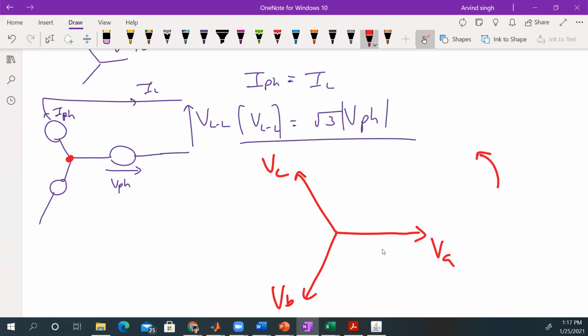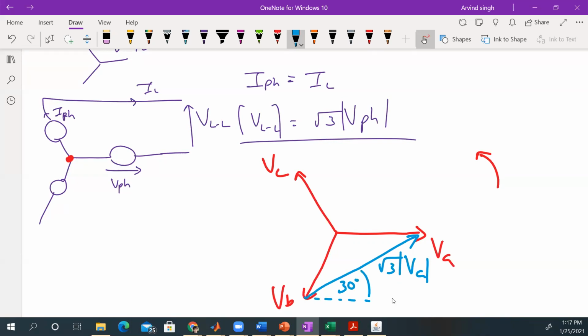So you'll see here that if we want to look at the line-to-line voltage, this is the difference between these. So if I get the difference between these, VA minus VB, this is going to give me a vector going from B to A, right? And that is 30 degrees. And this is √3 VA, the magnitude of VA, right?